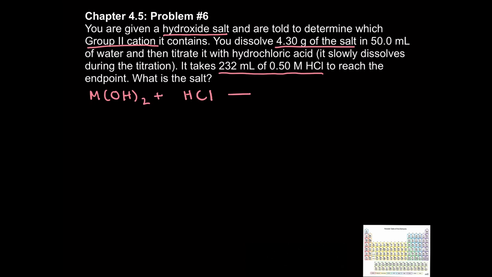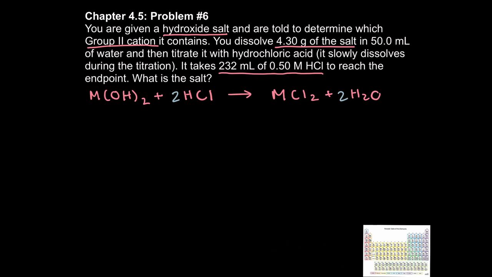Through this reaction, we form the unknown bonded to 2 chlorine atoms because it is a group 2 cation, and then water. Now we should balance the equation, and we should get 1 of the unknown hydroxide, 2 of the hydrochloric acid, 1 of the unknown chloride, and 2 of the waters.